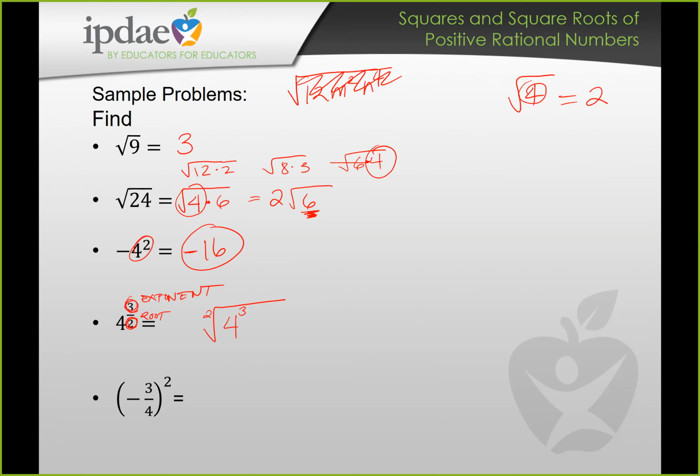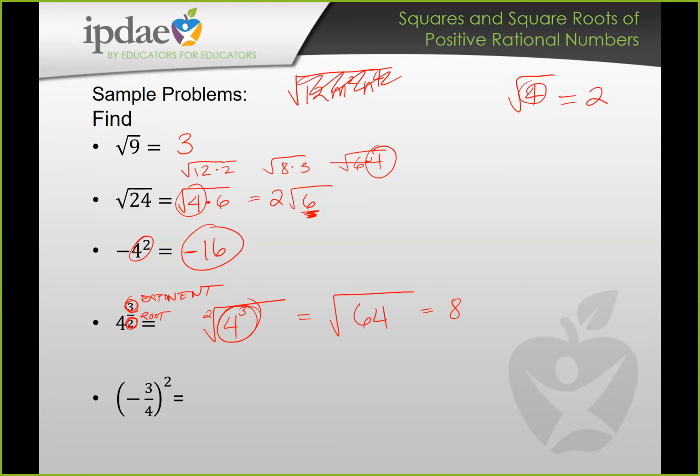You read this as the square root of 4 cubed, or the square root of 4 to the 3rd power. Students would work off of the 4 to the 3rd power first, working everything inside the square root. That's 64, and the square root of 64 is 8.